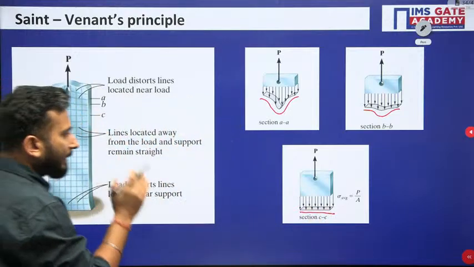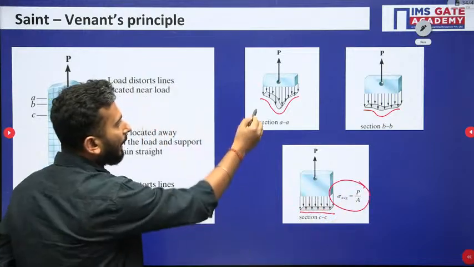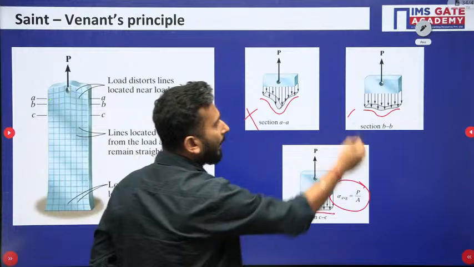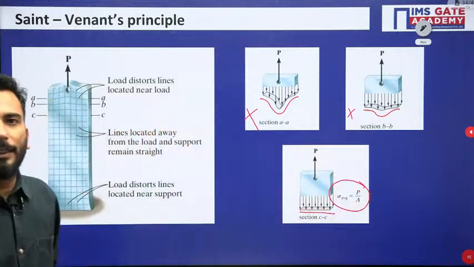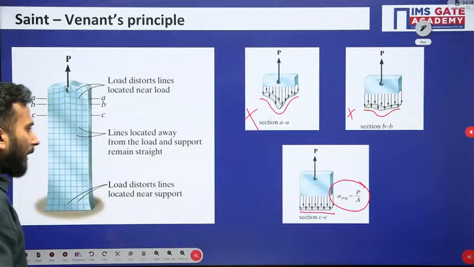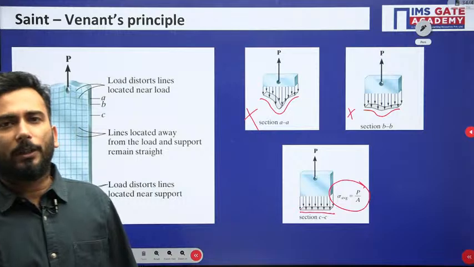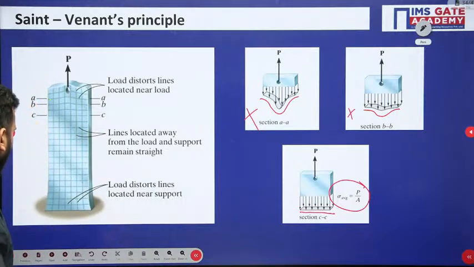So at section C only, I can apply sigma average equal to P by A, and over here I will not be able to apply P by A. This is called Saint-Venant's principle. Okay, so this is just basic knowledge for your interview that I have given.